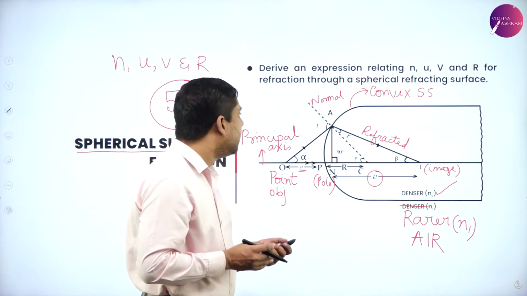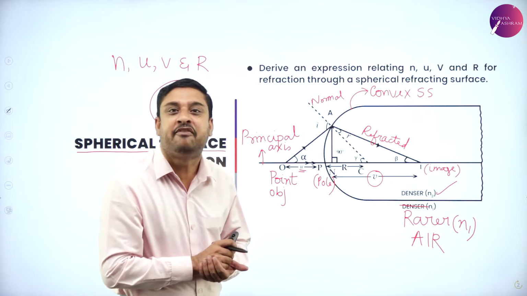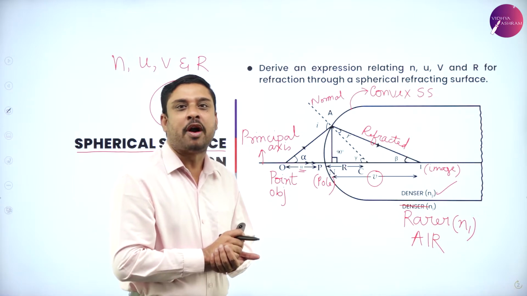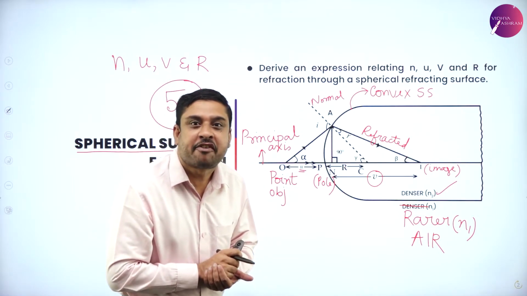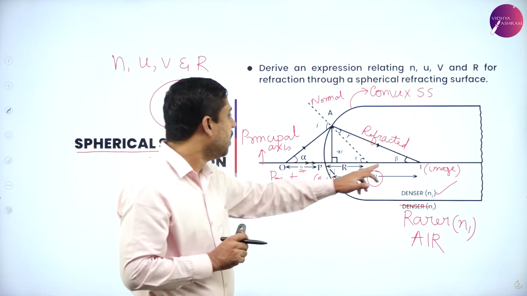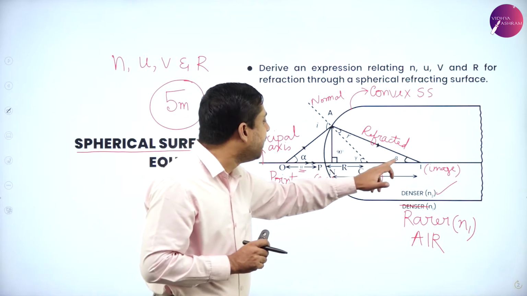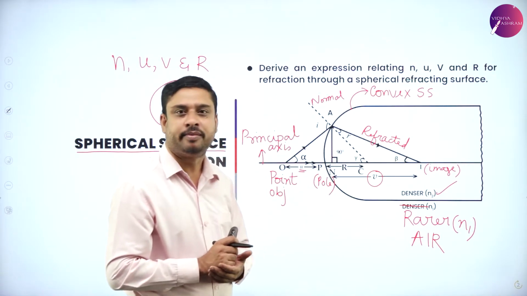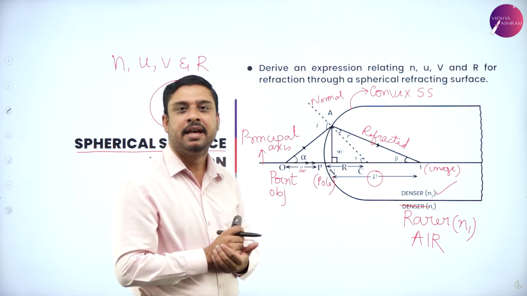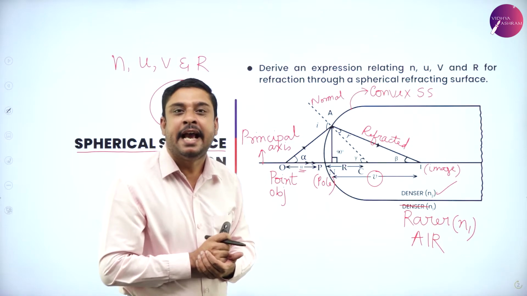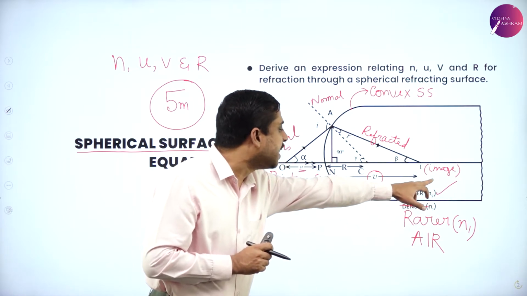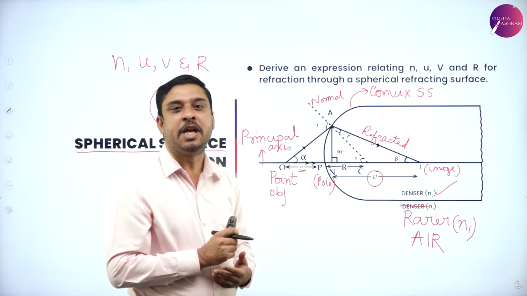And these are the considerations that I have taken. Just to quickly glance, what is the nature of the surface, students? Convex surface of refractive index N2. It is surrounded by air, placed in the air medium whose refractive index is N1.